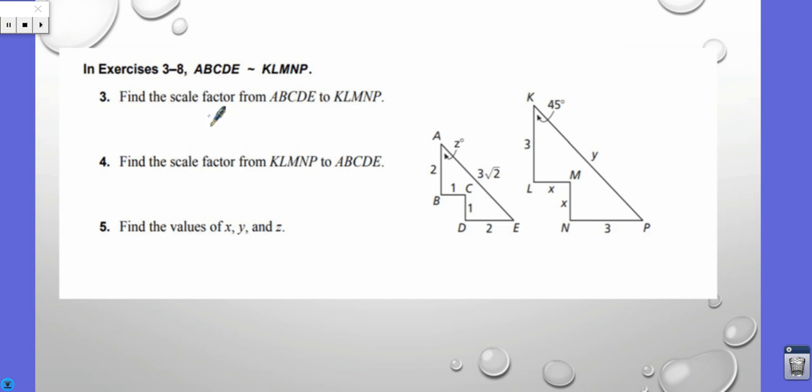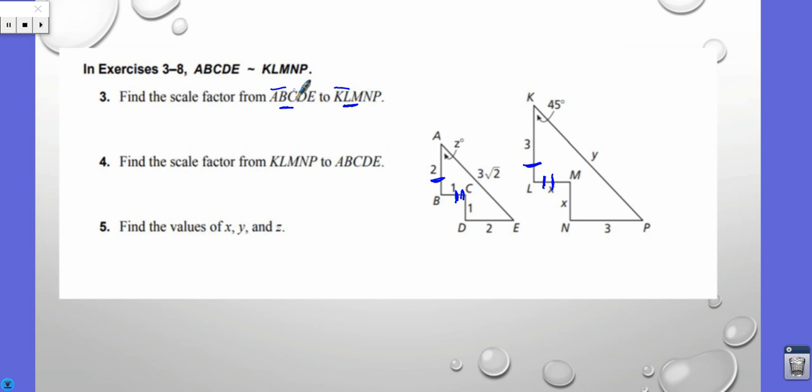Okay, so the next one says find the scale factor of ABCDE to KLMNP. So I'm going to mark these sides. Side AB should go to KL. So I'm going to say AB matches KL. The next one, BC, should match LM.